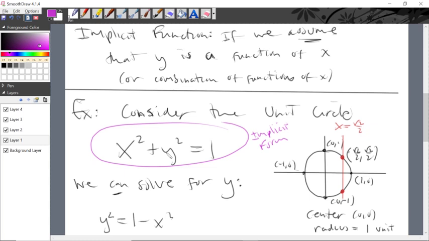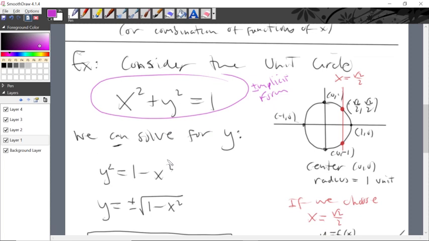So y certainly is dependent on x. This is the implicit form, where we know that y depends on x. We just don't have it written out explicitly how y actually depends on x, because we have not yet at this stage done the algebra. And in many cases, we're not going to want to do the algebra. And that's part of this section that we're talking about right here.